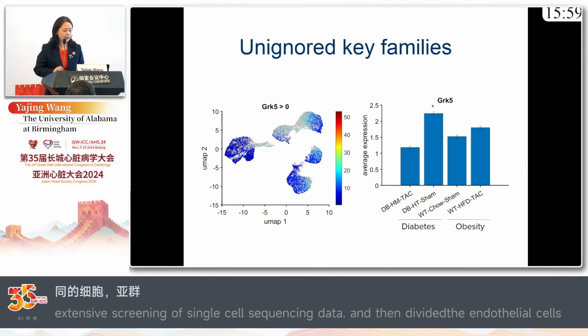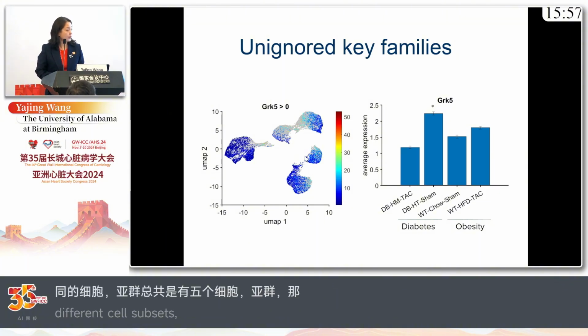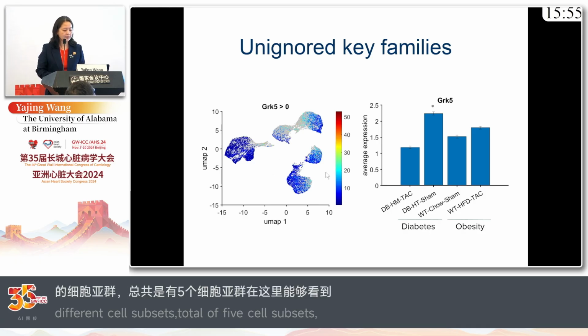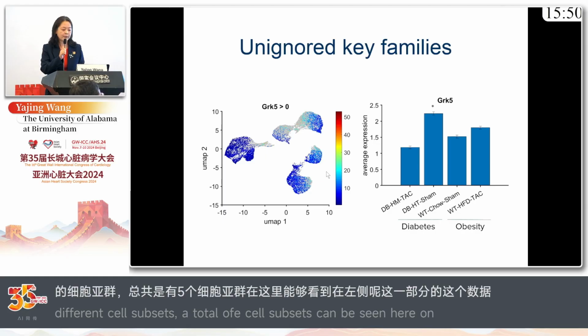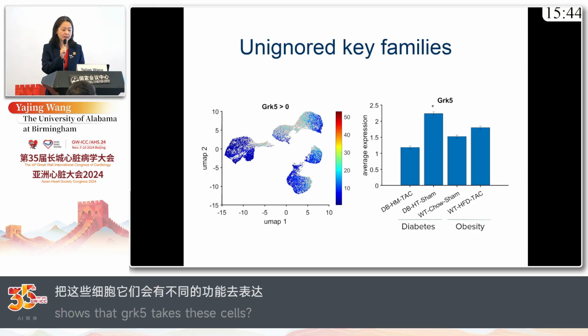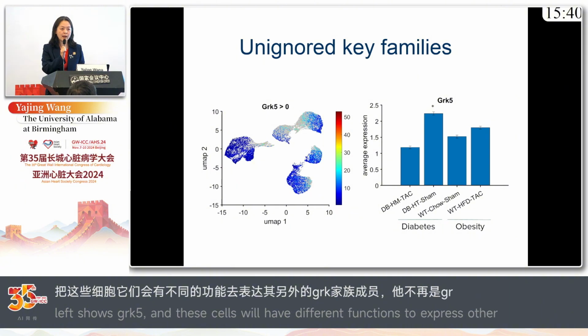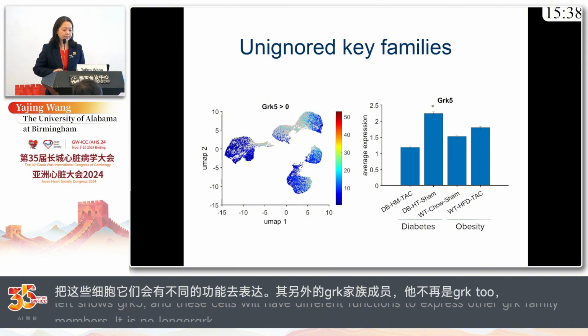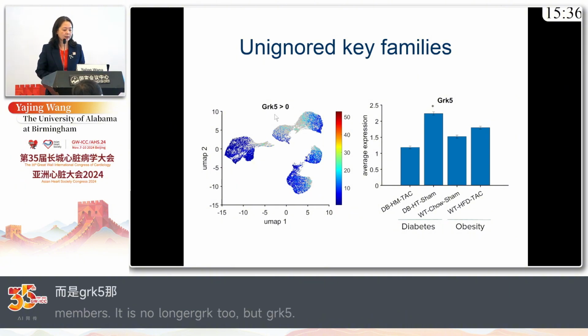On the left, this data shows that endothelial cells have different functions and express another GRK family member. It's not GRK2 anymore. GRK5 has a different population isolated from the endothelial cells.